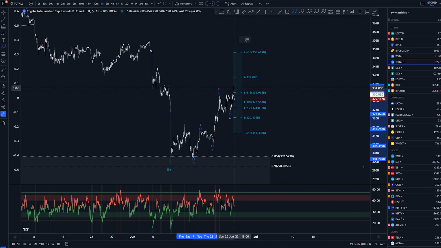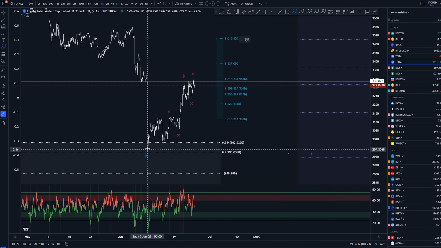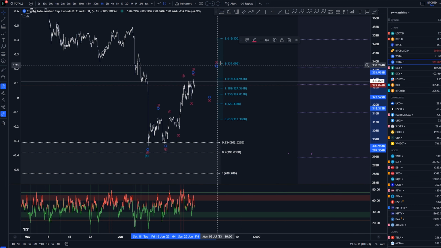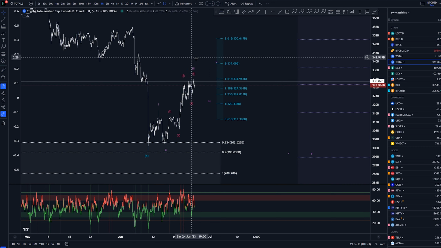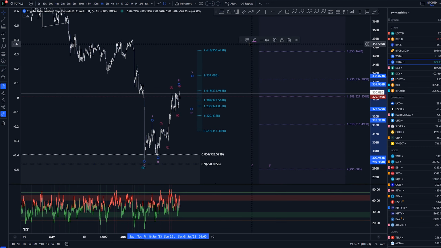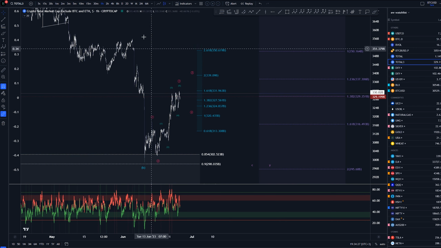So that would be the wave 1. At this point, I would be labeling this into micro because I'm thinking that this would be the wave 3, 4, and 5 as a sub-minute count. Actually, this should be micro itself, and this should be sub-micro based on the labelings that I currently have.